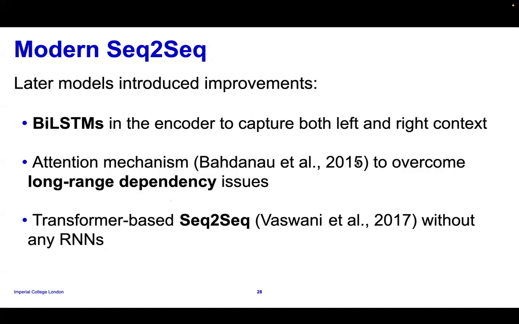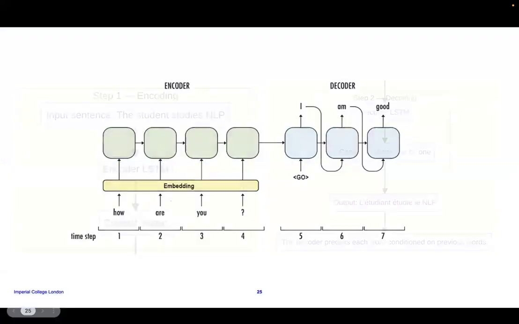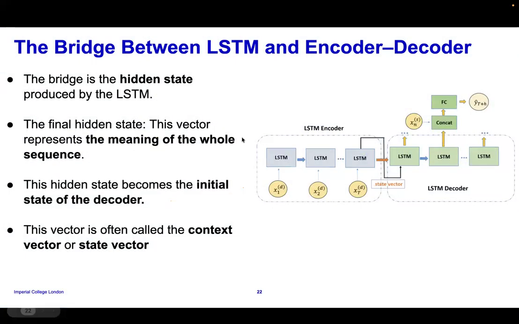And then another thing that comes is transformer-based sequence-to-sequence. In the transformer architecture, there is no RNN. It's sequence-to-sequence modeling, because we input a sequence and we have an output sequence.